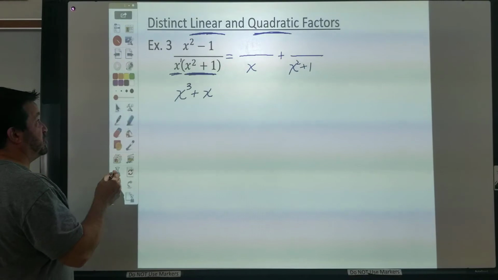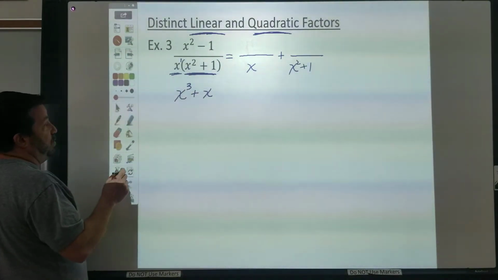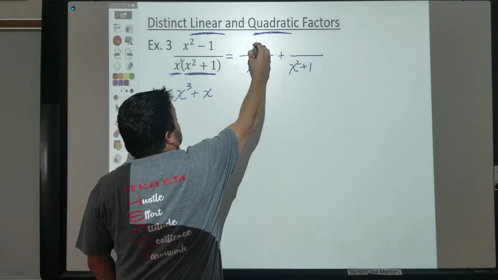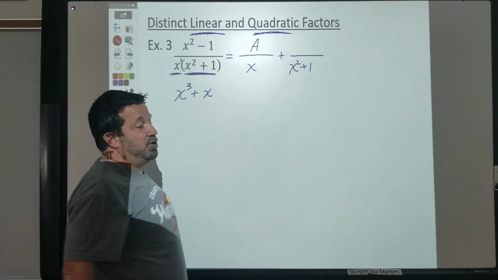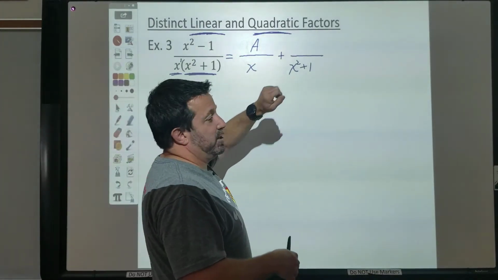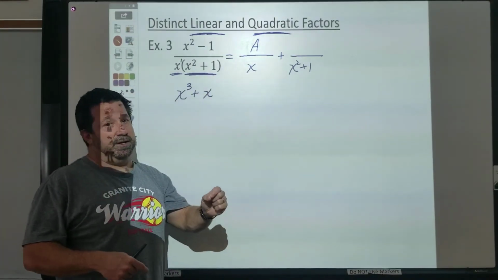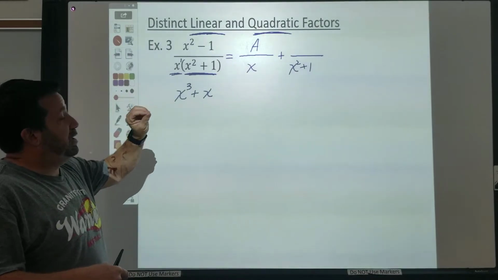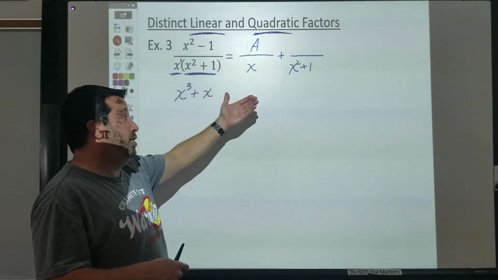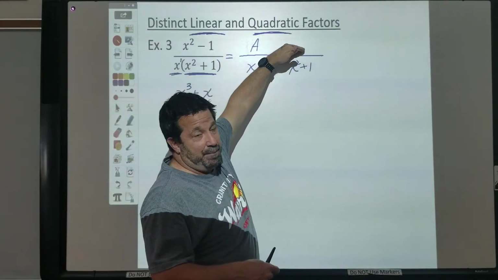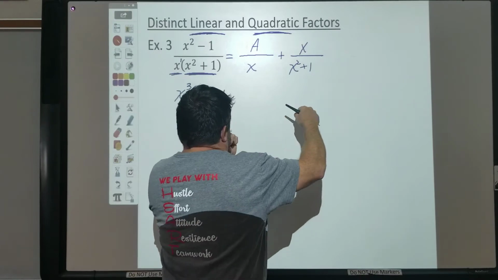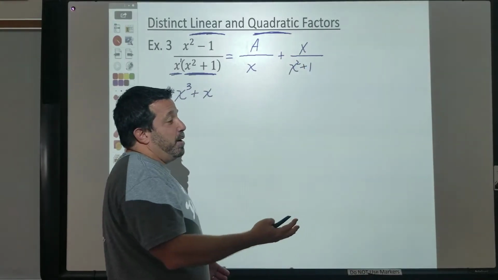So the first part, setting it up, is going to be done the same way. If it's a linear factor like this, just like before, I'm just going to put a letter over it. I want to figure out what that numerator is. The problem is, this one is quadratic, so this is where it differs a little bit. In order for this to still be a fraction that's not improper, I can have an x on top, because an x to the first power over x squared is not an improper fraction.